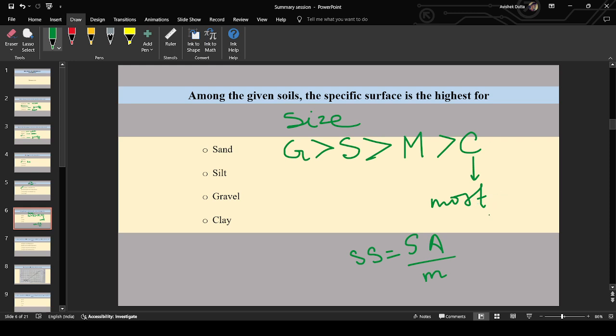The more the number of particles, the more the surface area. So surface area per unit mass will be the highest for clay, and hence the specific surface is the highest for clay. It will have the maximum value for specific surface.